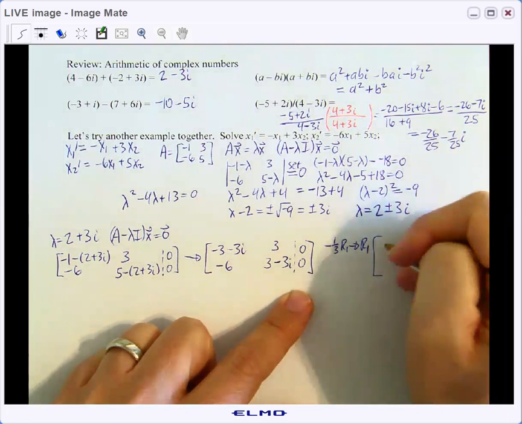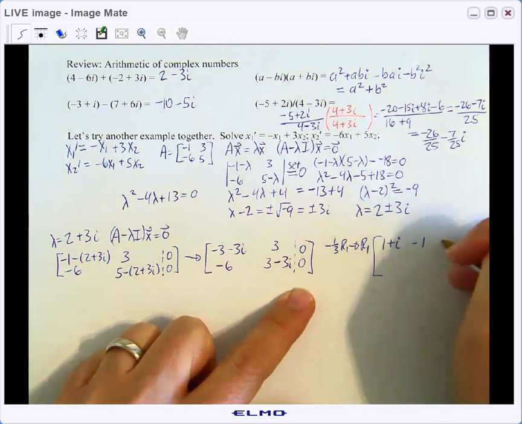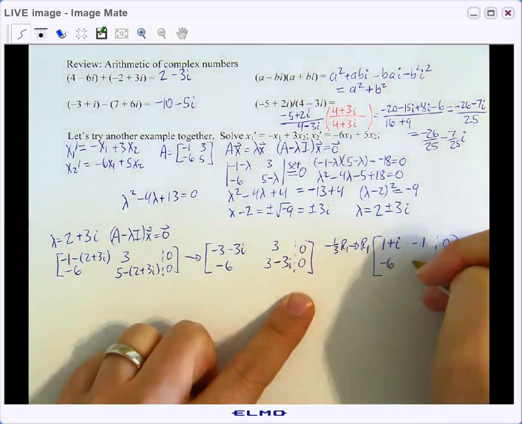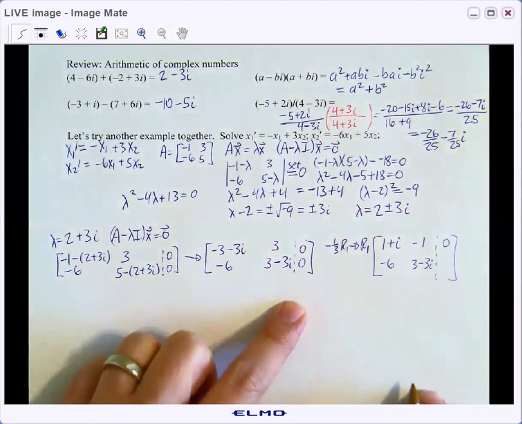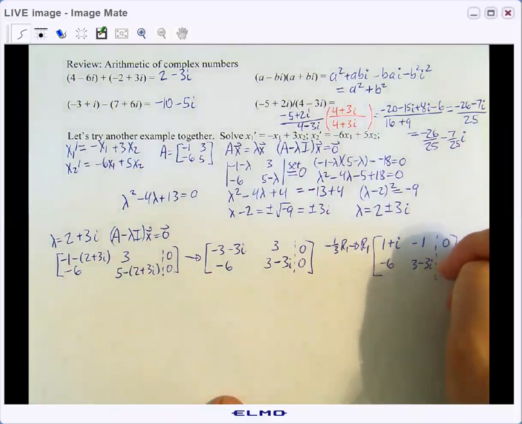If I do that, I'm going to get 1 plus i, -1, 0. And we still have -6, 3 minus 3i. Okay. Let's not forget my 0 here.